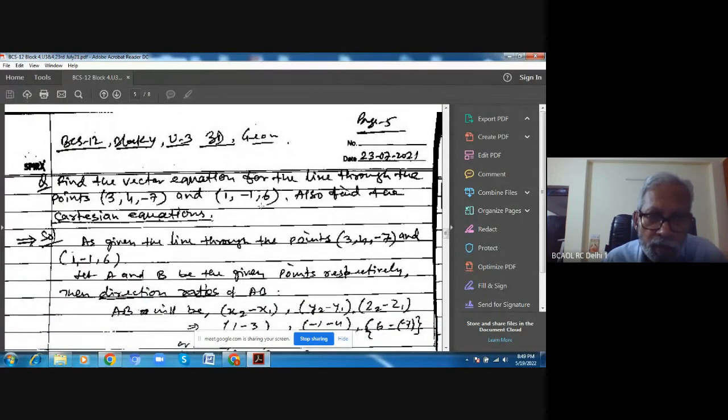Now, the vector equation for the line through the points. Here the word vector has come. Earlier, so far, there was no vector word, but now the vector word is given. Again, the line is given by 2 points, and we have to find the vector equation.